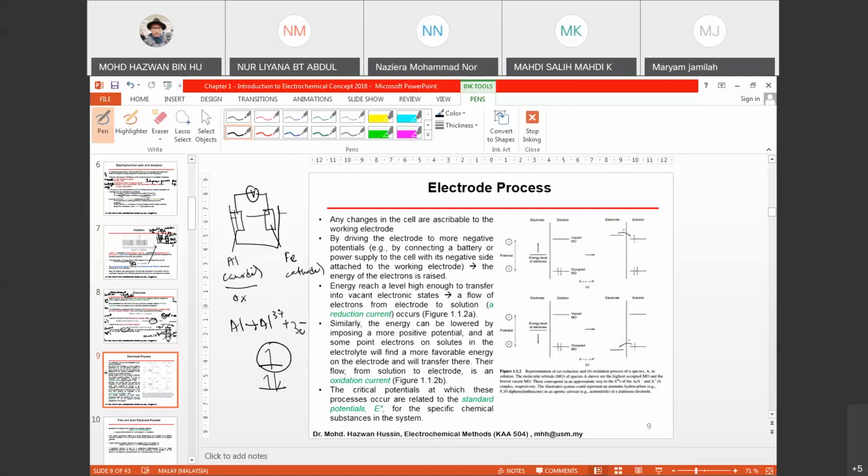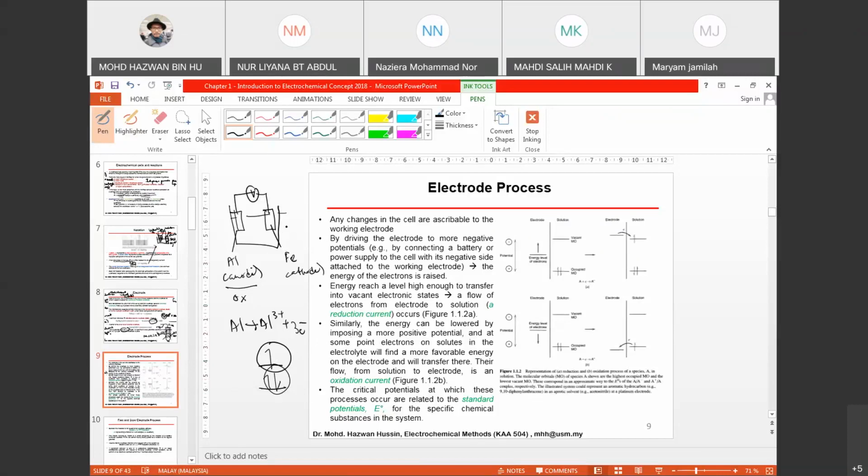Then it will be promoted easily. And the other two electrons are the same, because if you understand valence band theory, if you have for example 3 unpaired electrons, it tends to easily donate or lose its electrons. So these 3 electrons can be easily lost and go to the vacant molecular orbital. This process is known as reduction current.